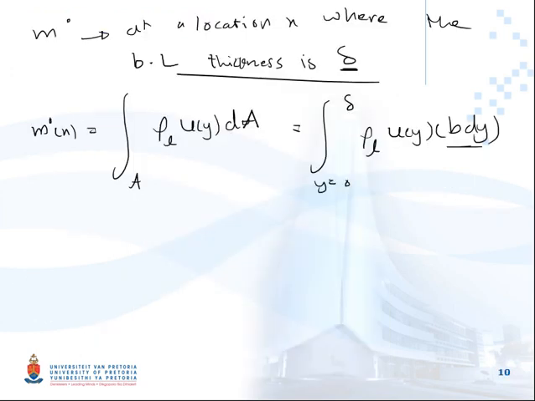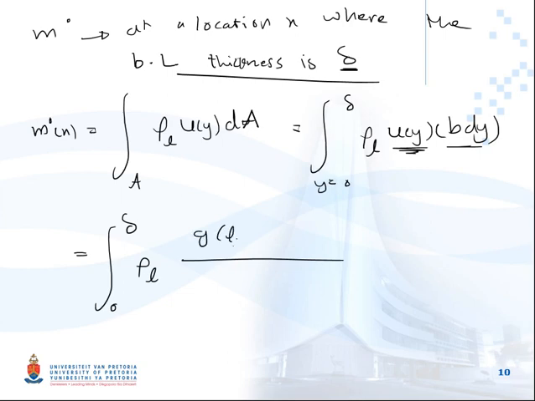So if we do the integration from 0 to delta of rho L, we can just put in the velocity profile, rho L times g (rho L minus rho v) over mu L, (delta y minus y squared over 2) b dy.